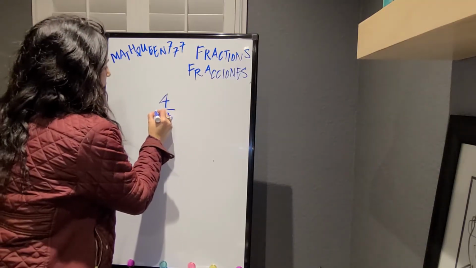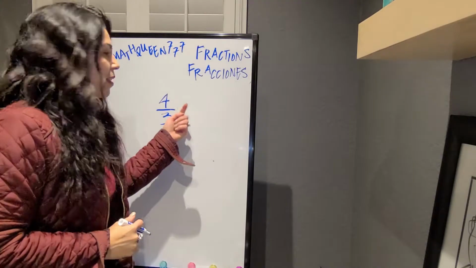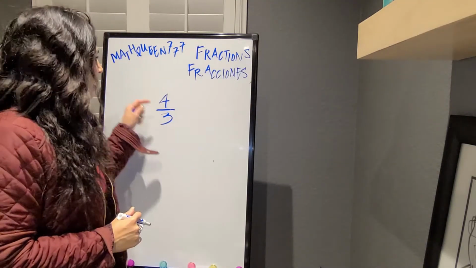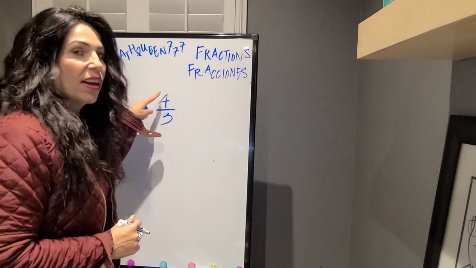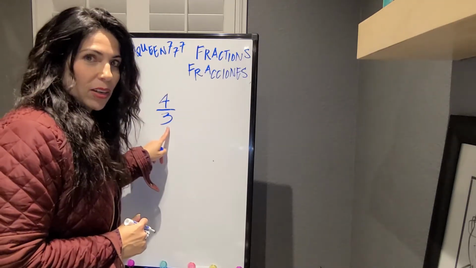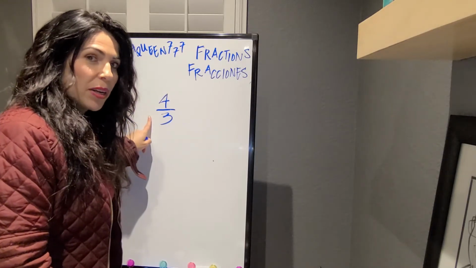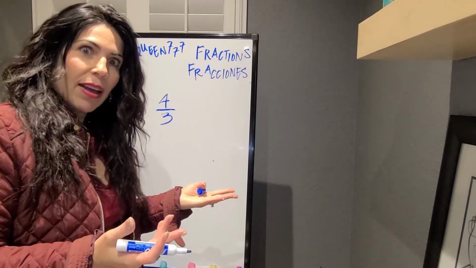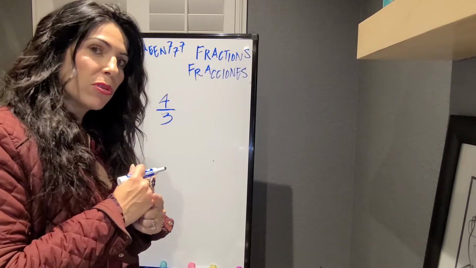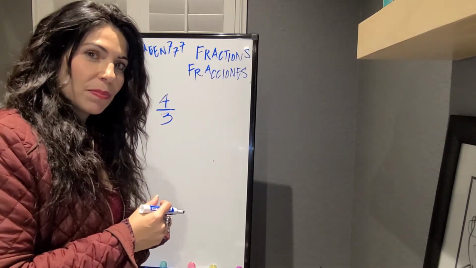So let's say we have this fraction 4 over 3. ¿Qué tal si tenemos esta fracción cuando el número arriba, el numerador, es más grande que el denominador? So in this example, the numerator is greater than the denominator. So how do we represent that? ¿Cómo vamos a representar este número, esta fracción?